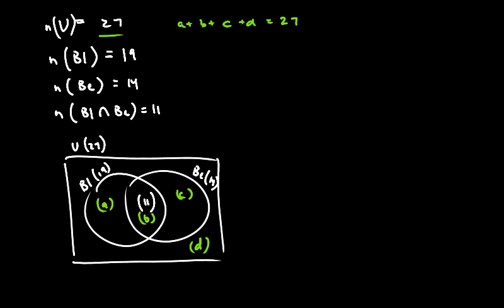And then we know that A plus B, so that's this and this, has to equal 19, because when we put these two together, that makes all of BL, and they told us earlier that BL was 19, so A plus B has to come out to be 19.